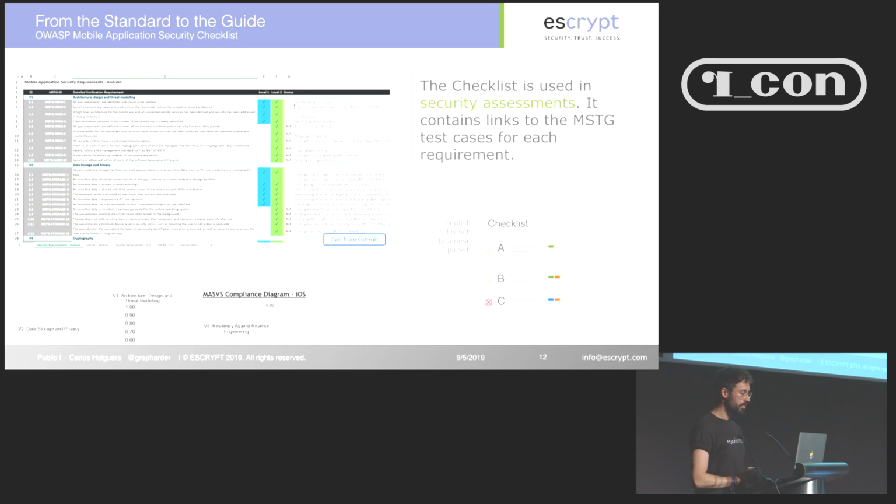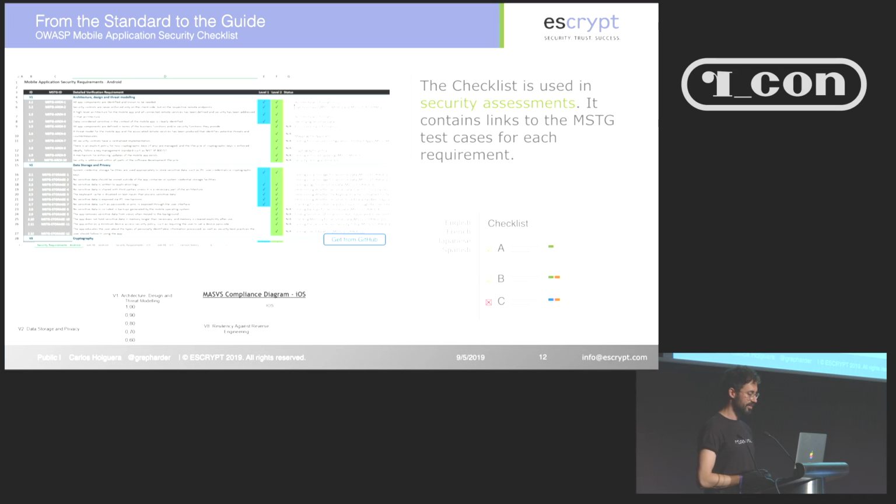Then we come to the third part. So who doesn't love Excel files? We also have an Excel file that you can use as a checklist, and also to give us your results of the testing.